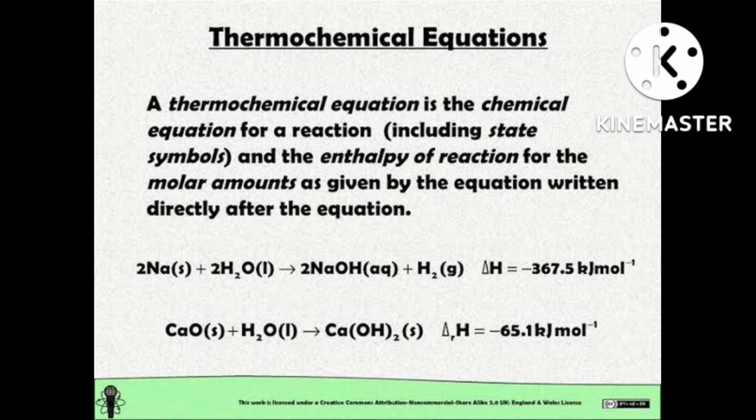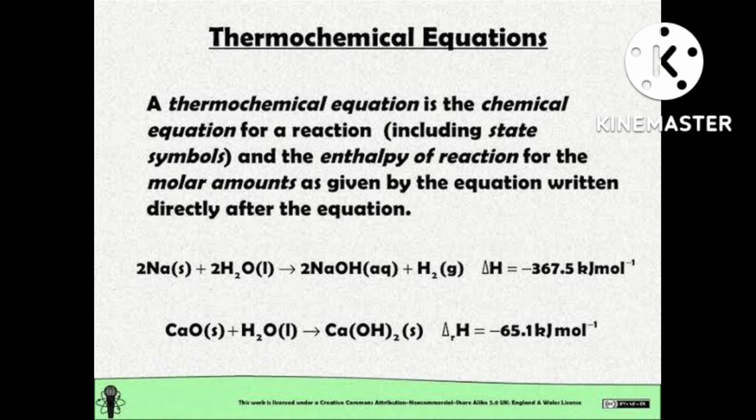18 gram liquid is there. Water means liquid water. Then 18 gram water you want to convert into vapor. That means 18 gram liquid you want to change to 18 gram H2O gas, vapor.